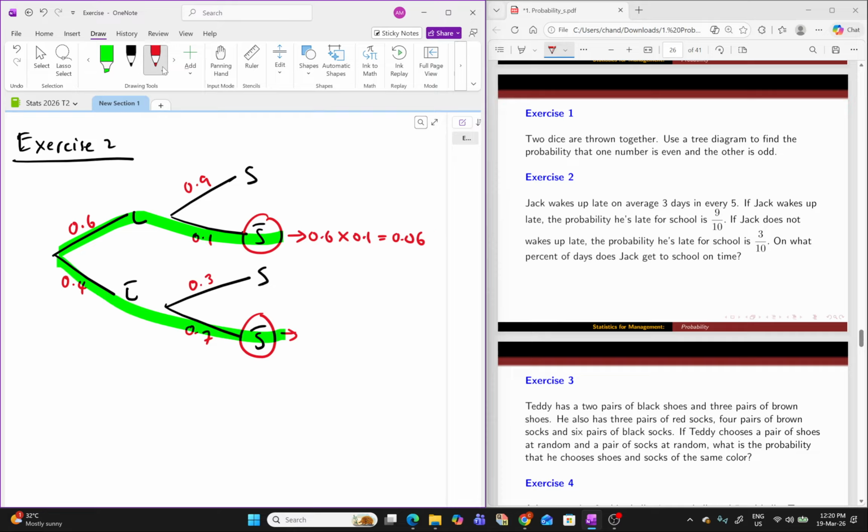Go by branch. 0.4, 0.7, 0.28, you add, and you will get, just add here, probability school on time.